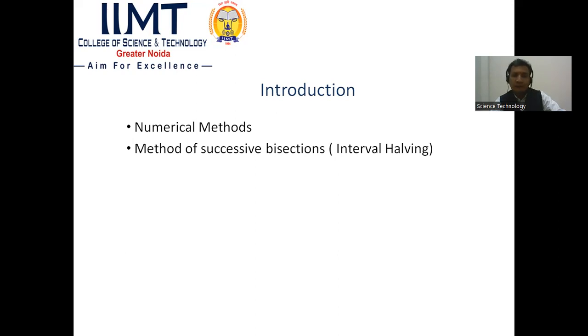This method is also known as method of successive bisections. In this method, we successively halve the interval to get a result of desired accuracy.